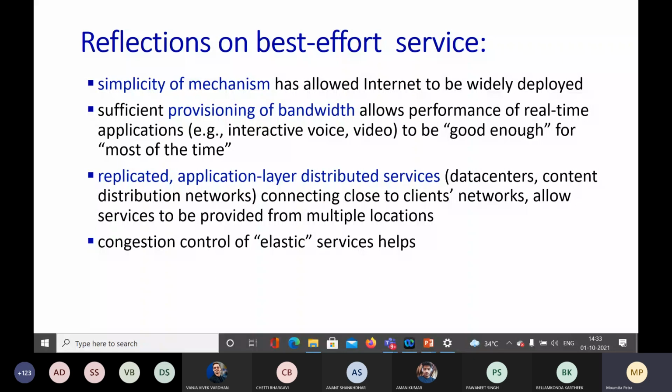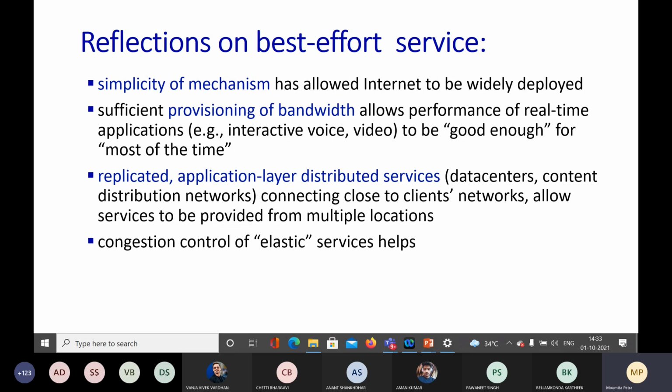What's the fourth one? That is, it provides congestion control of elastic services. See, we have already studied how congestion control can be done from the receiver's side, right? We have already seen that. So congestion control can be done either from the network side or from the receiver side.